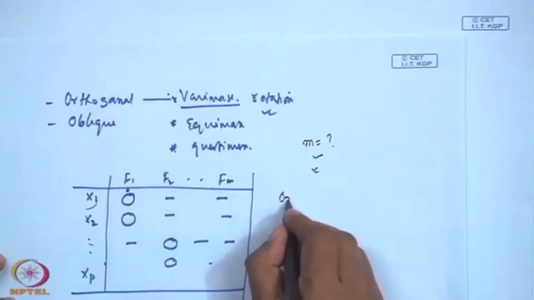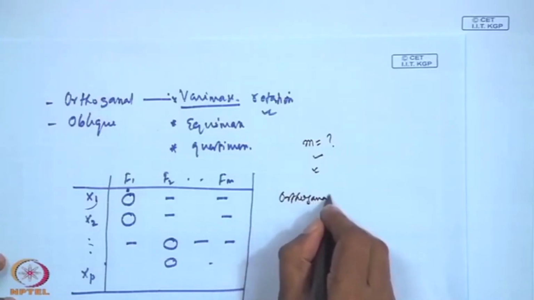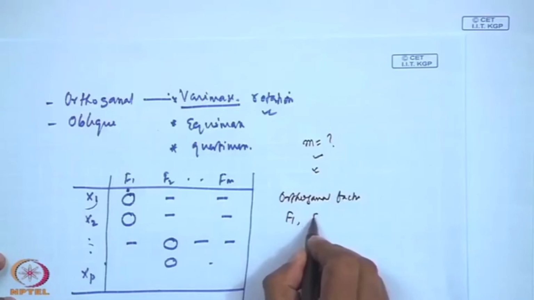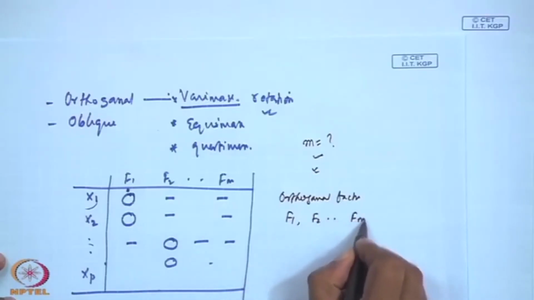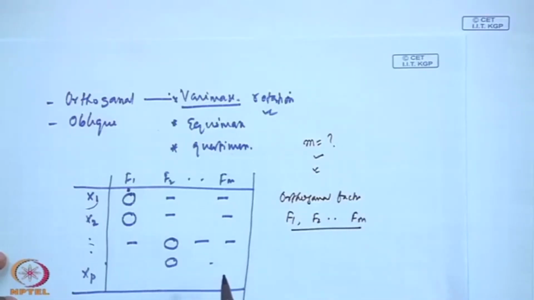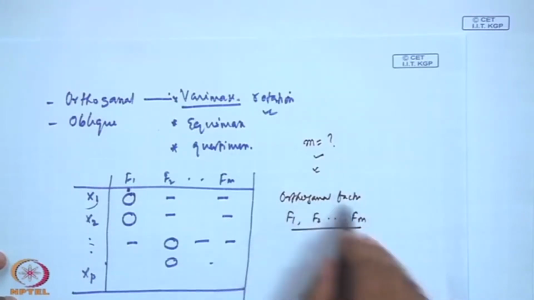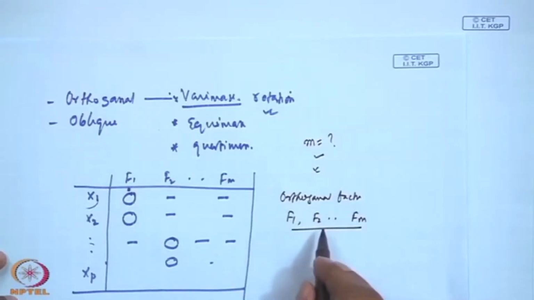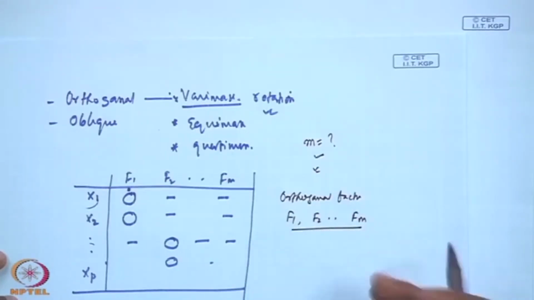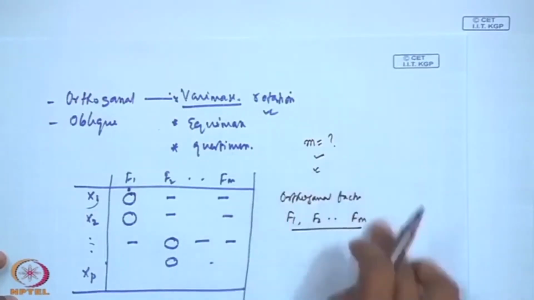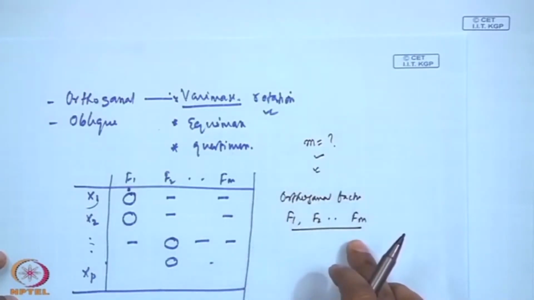What is the other purpose? Suppose I go for an orthogonal factor model, so whatever factors you are obtaining, they are independent of each other. So, like principal component analysis, these factors, like principal components, can be treated in a subsequent regression analysis where they will be used as independent variables.